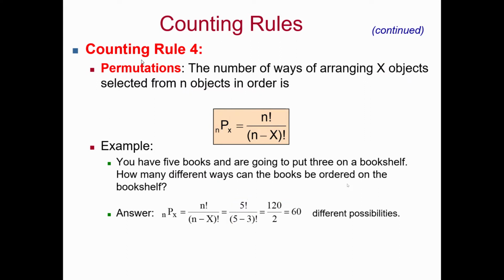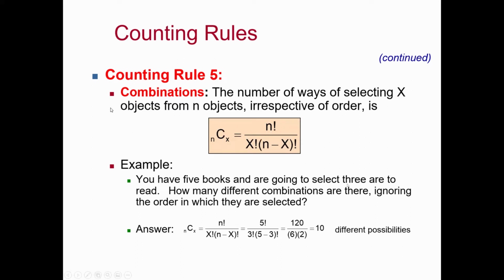All right, I clear this, then move on to the next one, the combination. So this is the important one for us. When we calculate the combinations, again, X objects from N objects, we are choosing X from a sample of N. Here, the order of arrangement is not important.